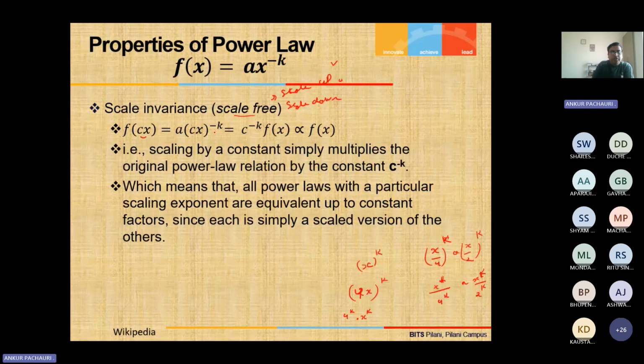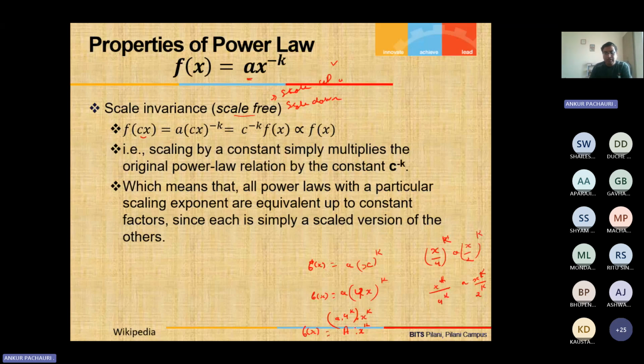As this is a constant, suppose a is already there. Then a into 4 to the power k, I can put them together. A is a constant, and 4 to the power k is also a constant. So I can multiply two constants and replace them by a second one, capital A, into x to the power k. What then? I've just changed the constant, but the relation remains the same.